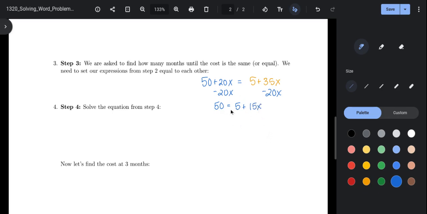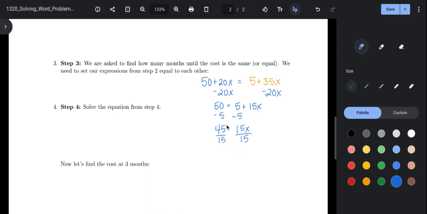We have this constant 5 with our x term, so I'm going to get rid of that by subtracting 5 on both sides. So 50 minus 5, we get 45. And then on the right, we are left with our 15x. I want to undo this multiplication of 15 times x, so I'm going to divide by 15.